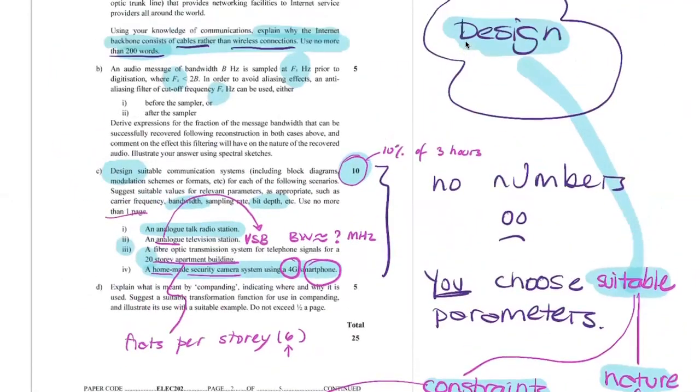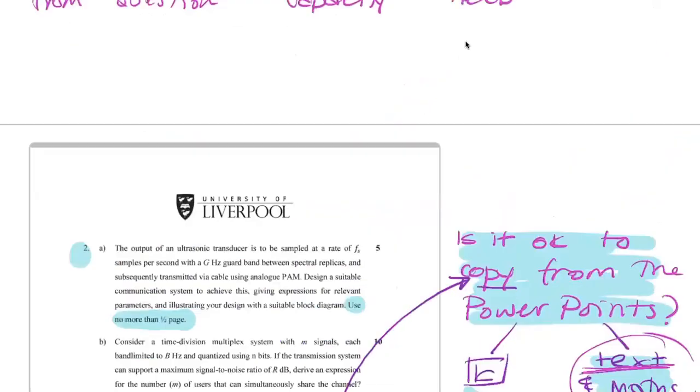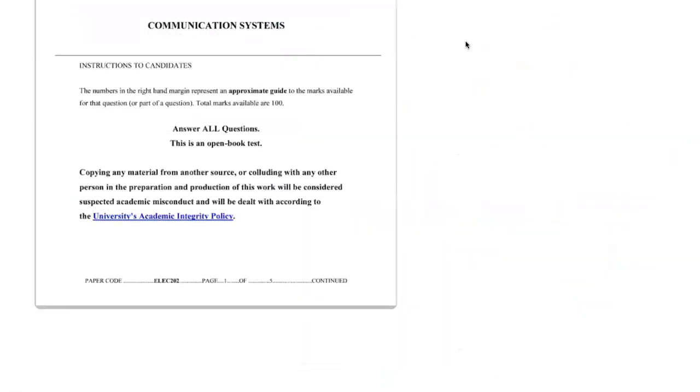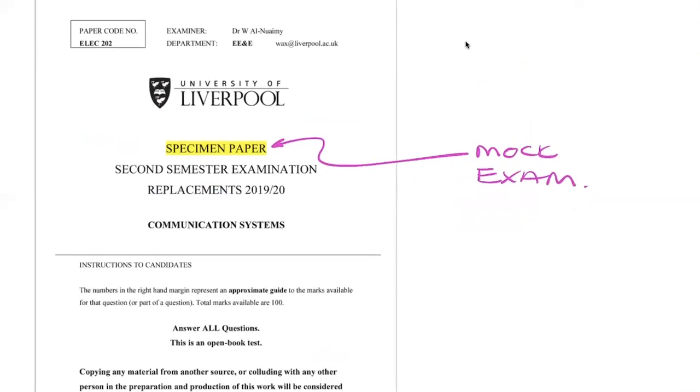As I said, you give me an opportunity to offer feedback by posting your suggestions, your answers, your solutions, your attempts, your designs to the discussion board, or posting it to Turnitin. So you have plenty of time from now to the exam to practice.